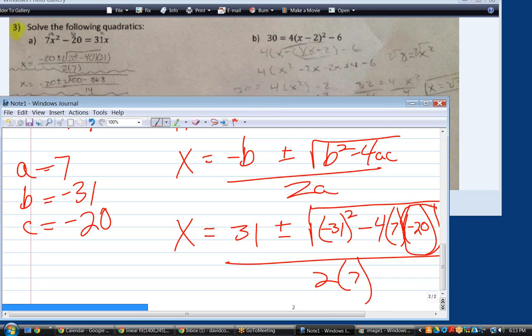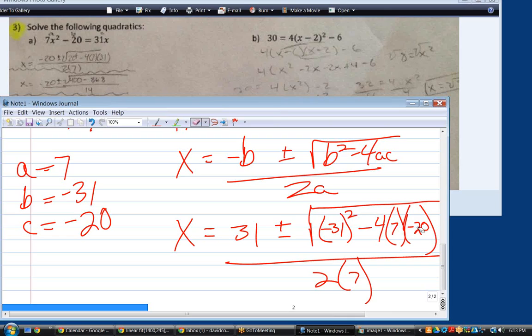I've had many, many students mistake that for subtract 20. You know what I'm saying? That is not subtract 20. It's always 4 times A times C. So you're subtracting 4 times 7 times minus 20, which is like minus 560.